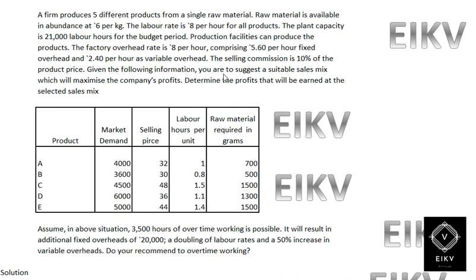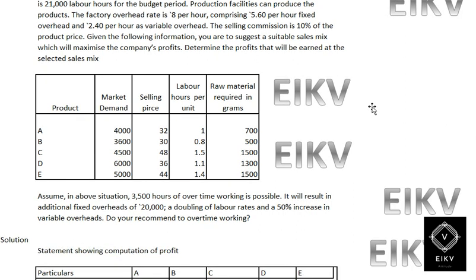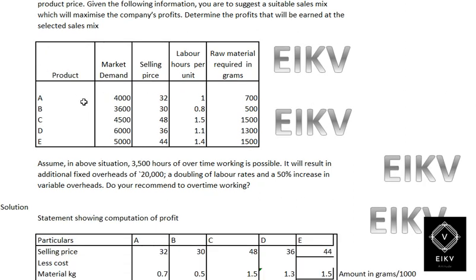Given the following information, you are to suggest a suitable sales mix which will maximize the company's profit. Determine the profit that will be earned at the selected sales mix. Then some of the details of the company have been given for products A, B, C, D and E. Market demand: 4,000, 3,600, 4,500, 6,000 and 5,000. Five products are there.